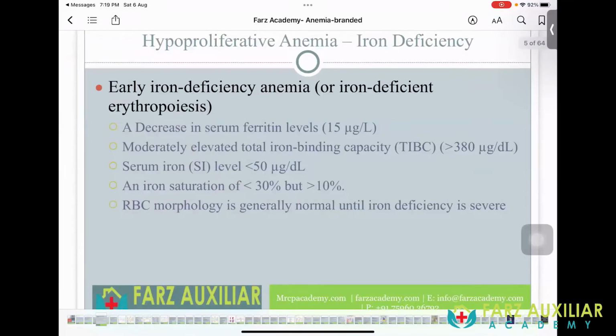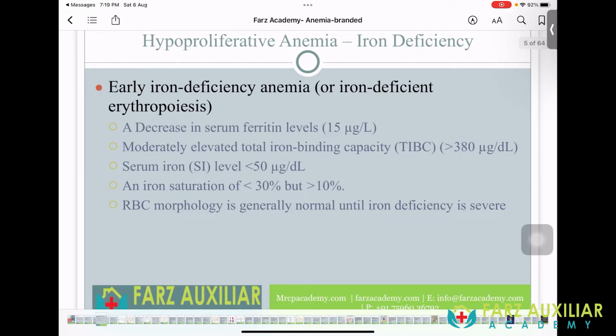And then comes iron deficiency. Early iron deficiency produces hypoproliferative anemia or iron deficient erythropoiesis. There is a decrease in serum ferritin, less than 15. There is an elevated iron binding capacity. The serum iron levels are low. The iron saturation is low, but not below 10%. So we can say this is early iron deficiency.